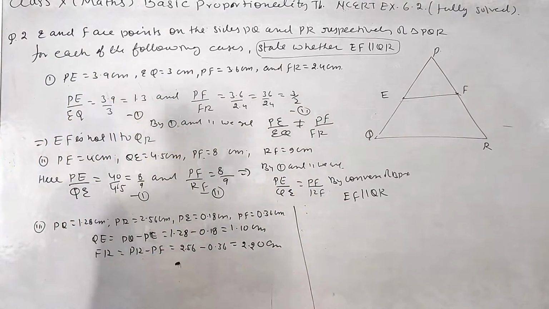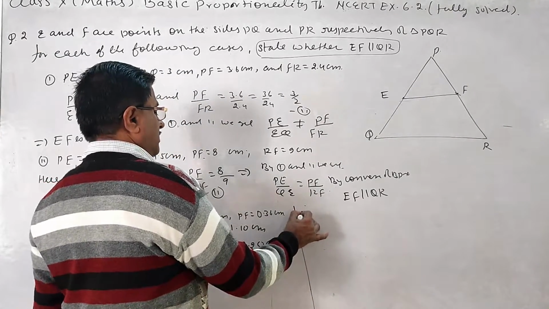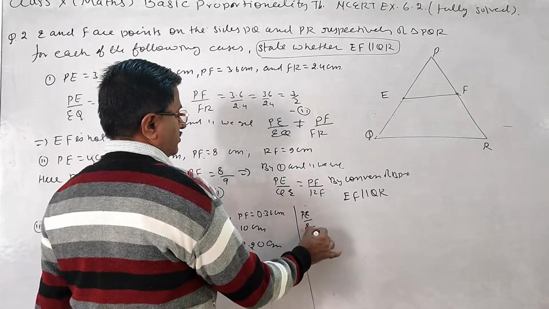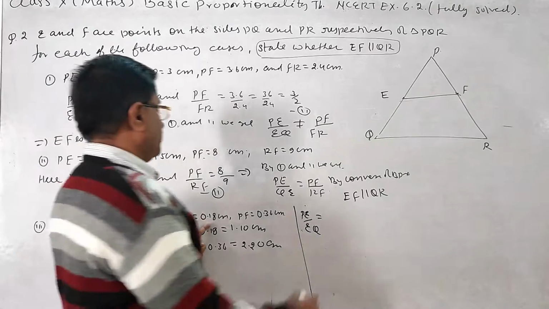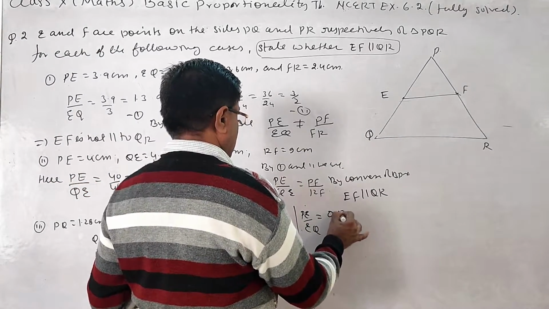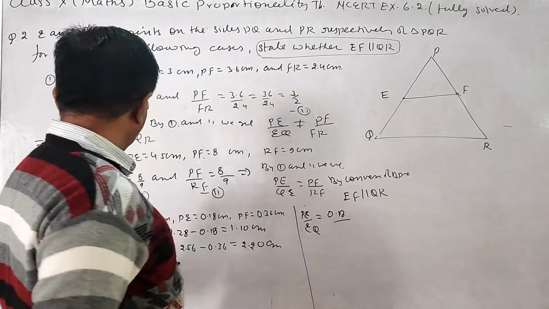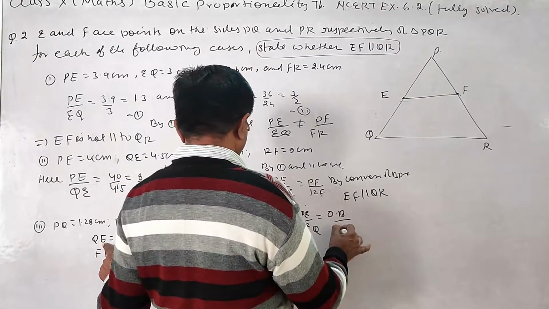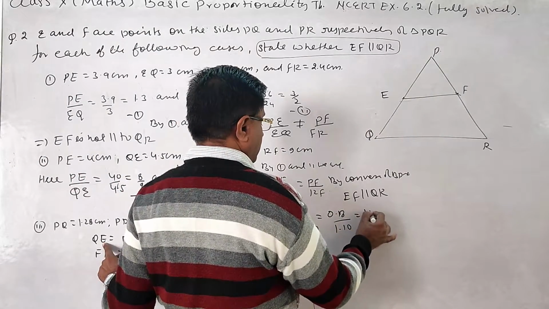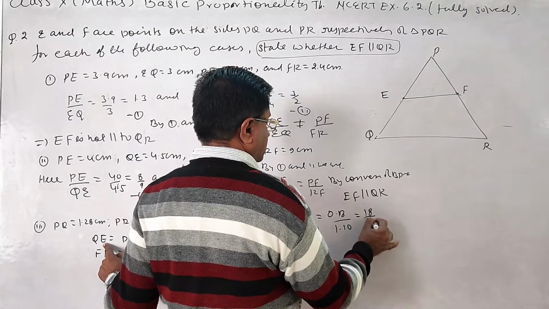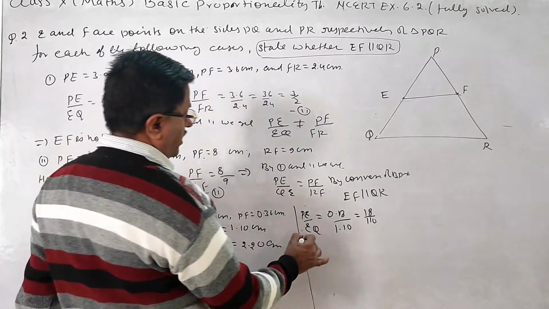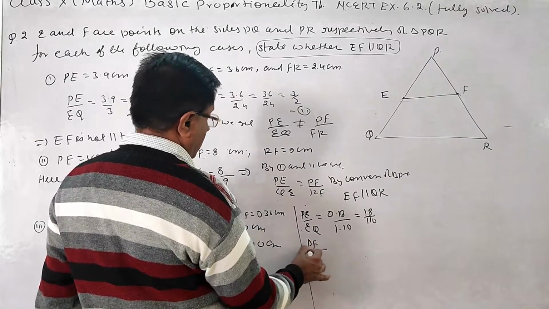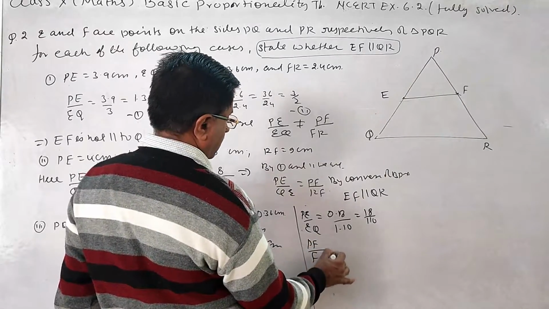So we have to check the ratio PE upon EQ. So PE 0.18 divided by EQ, that is 1.10. That is 18 upon 110. Similarly, second we see PF upon FR.